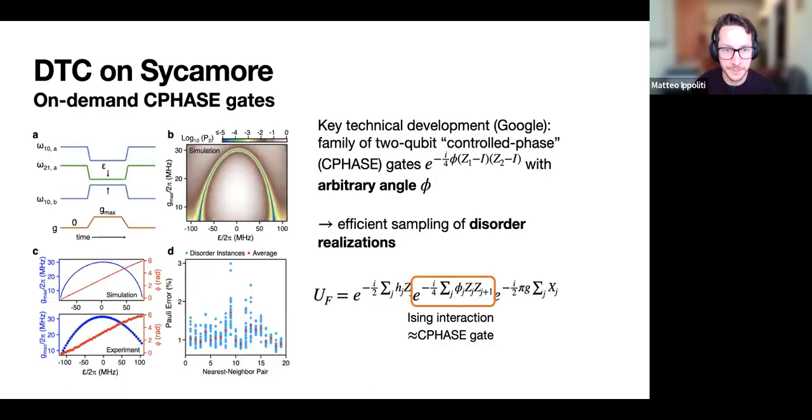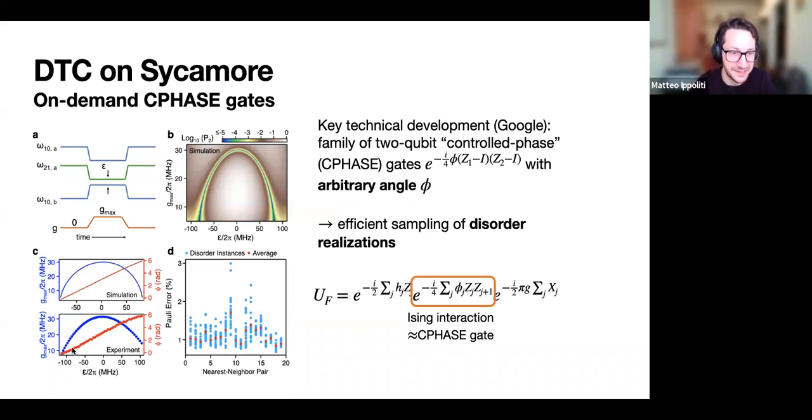And this has been achieved by developing an on-demand family of control phase gates, where, as a function of various parameters in a pulse sequence on the superconducting qubits, one finds an entire family of these control phase gates, which contain basically this two-qubit interaction Z1 Z2, with a tunable arbitrary angle phi in the entire range 0 to 2 pi.